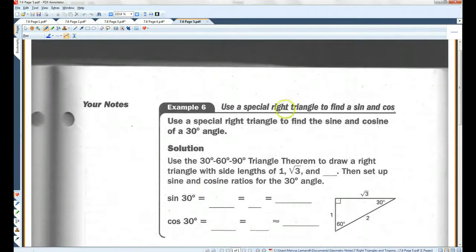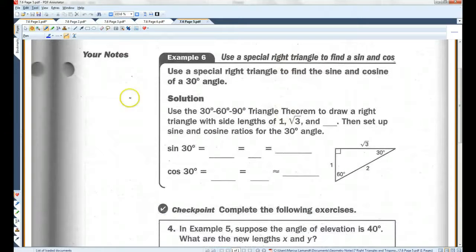Alright, use a special right triangle to find the sine and cosine of a 30-degree angle. We're going to use the 30, 60, 90 triangle theorem to draw a right triangle with side lengths 1, root 3, and 2.